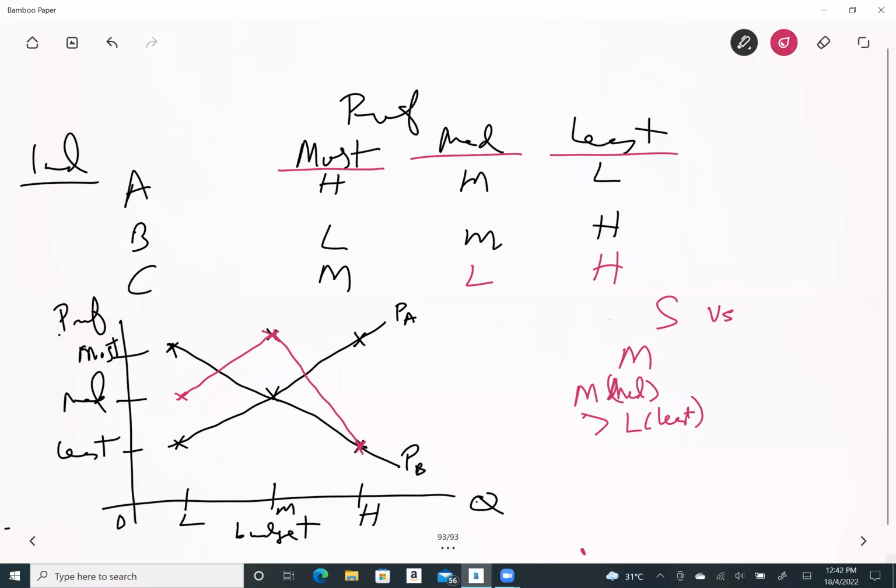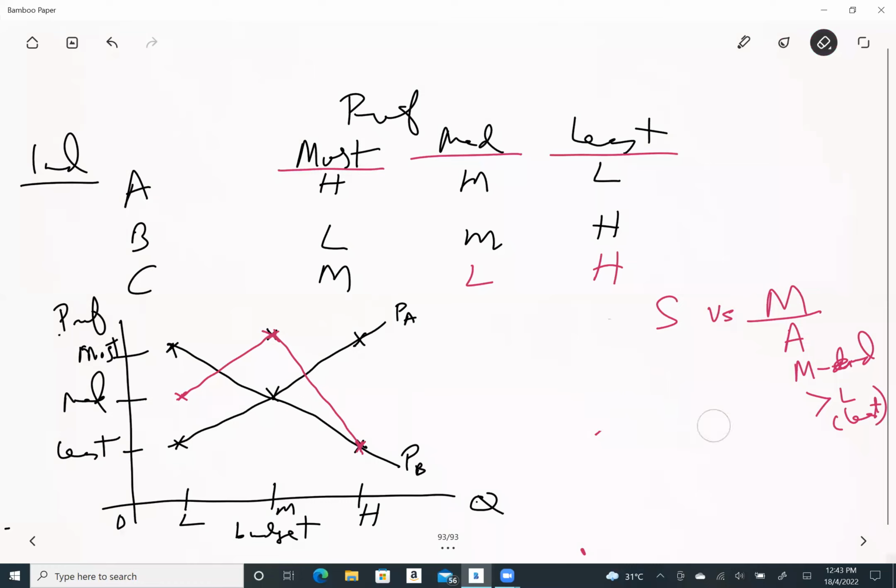So L versus M. So A will vote for M. Why? Because M is his medium choice, which is bigger than L, which is the least. Anybody has a question on that one? So you go by the person, and then we compare in terms of ranking.